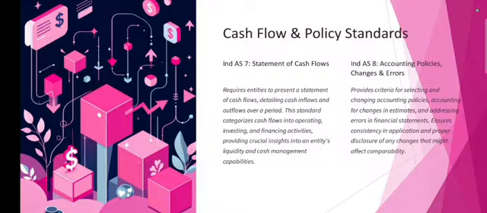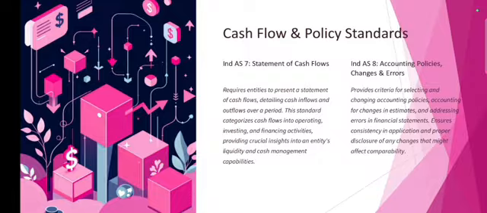So in future you will be learning about cash flows. Under cash flow we have three different activities: operating activity, investing activity and financing activity. How these activities are to be presented under the cash flow statement provides crucial insights into the entity's liquidity and cash management capabilities.